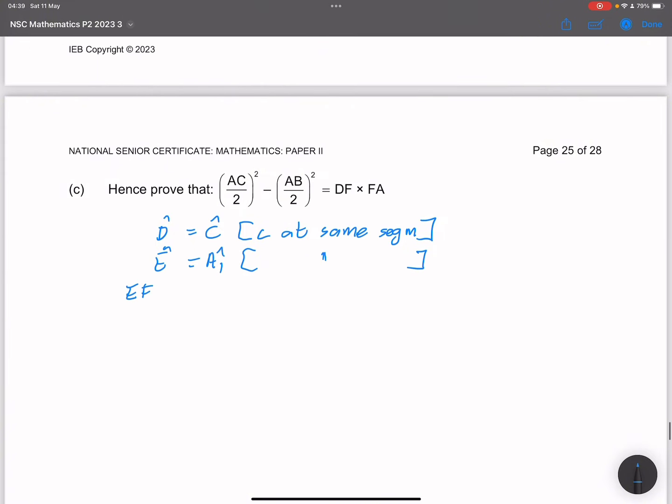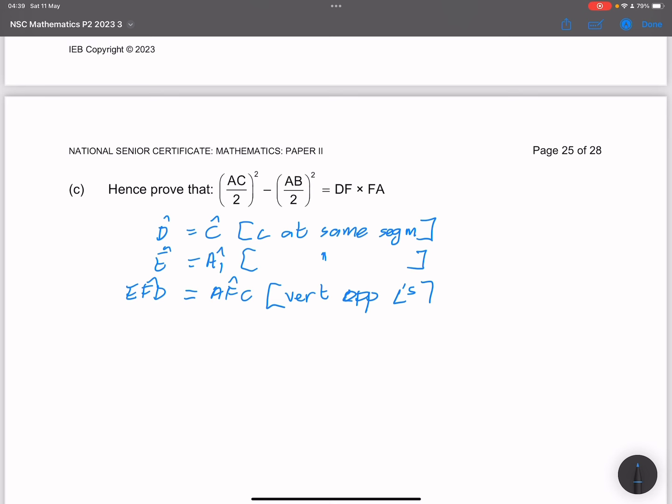EFD equal to AFC, and in this case, they are vertically opposite angles.